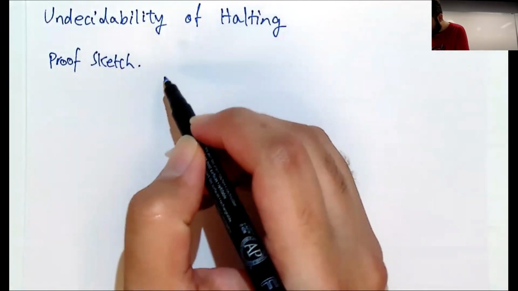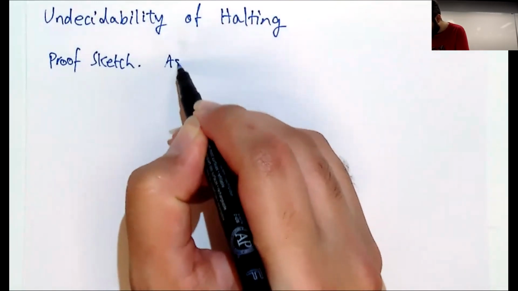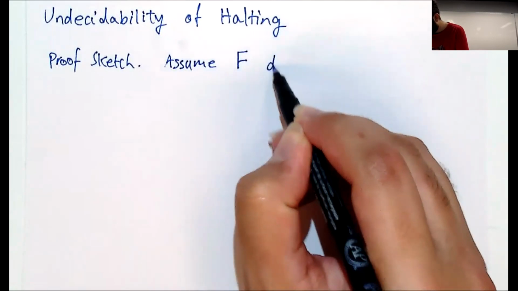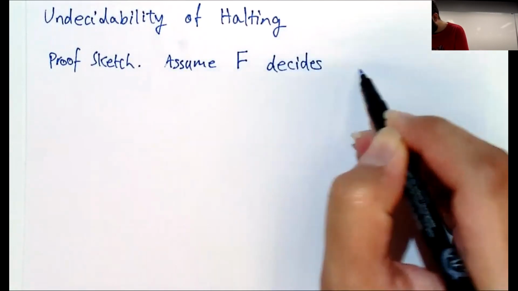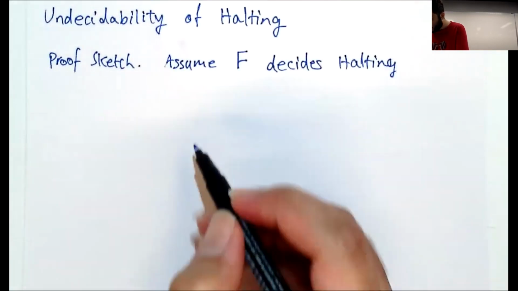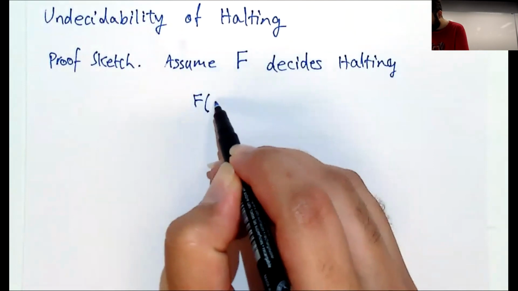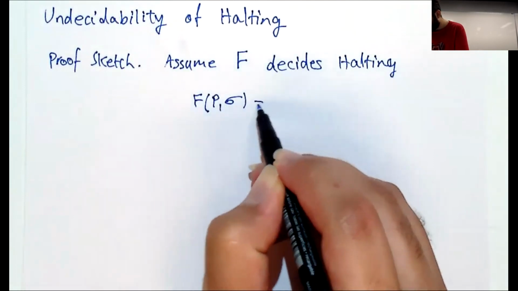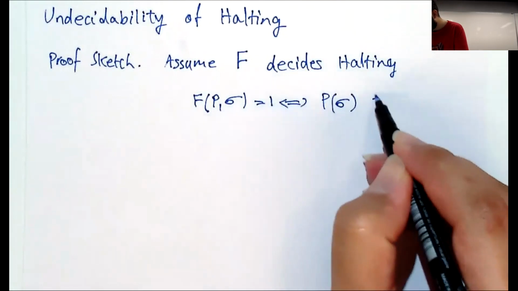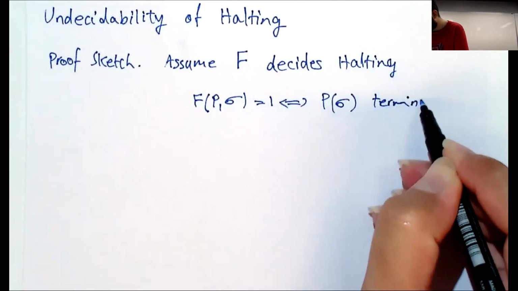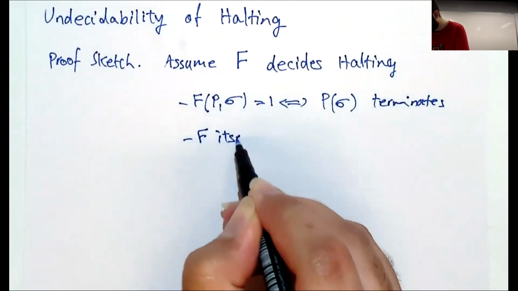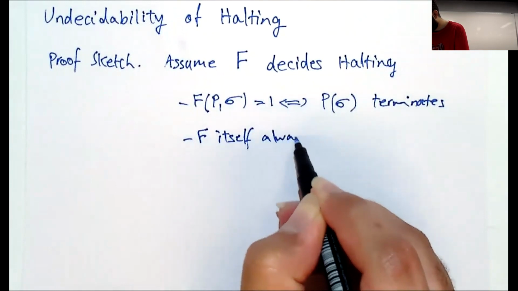Assume there is a program, let's call it F, and F decides halting. What does this mean? This means that F of P sigma is 1 if and only if P sigma terminates. And it also means that F itself always terminates.